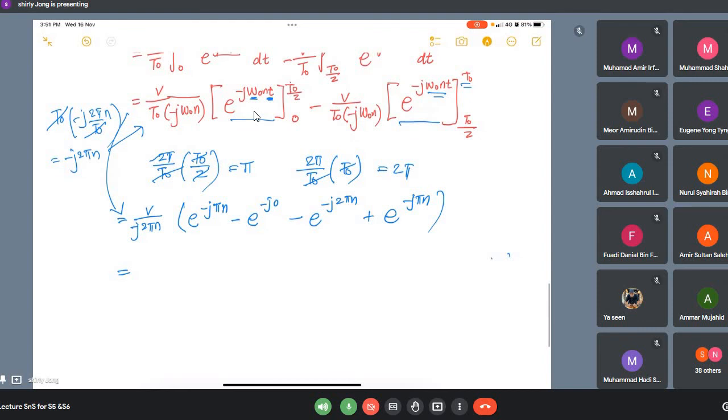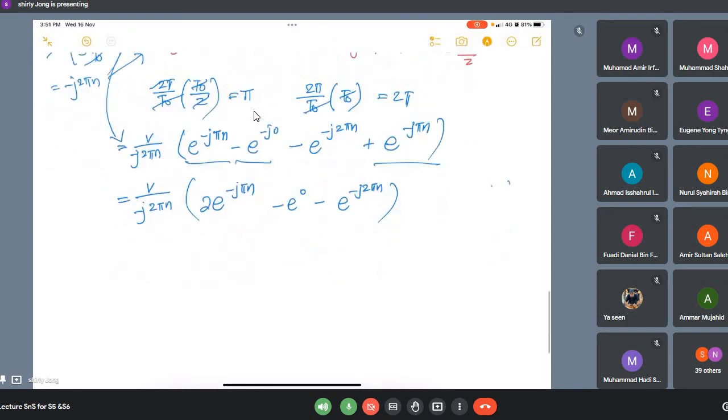Then this one will be equivalent to this one, and this one you can combine. So you get 2 exponent minus j pi n. This one you continue: exponent power of minus j0 is exponent 0, also equal to 1. This one is exponent minus j 2 pi n. Okay, up to here, okay?